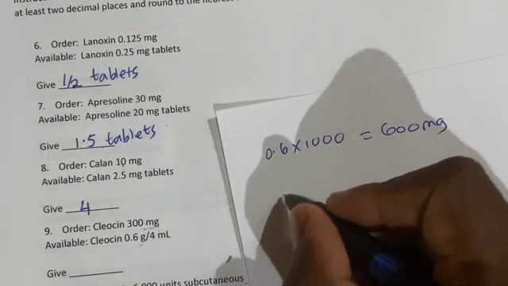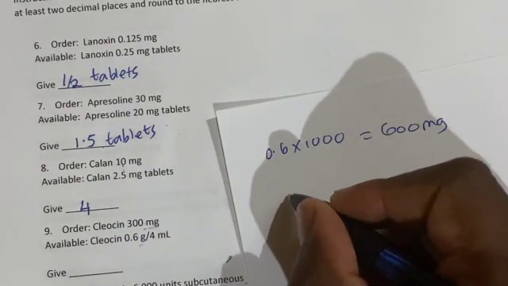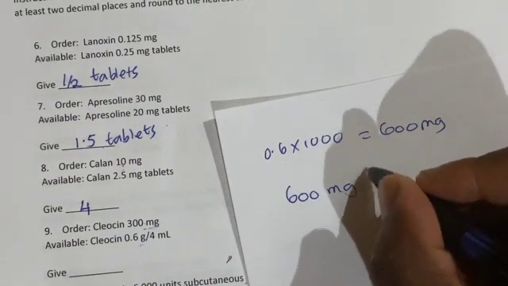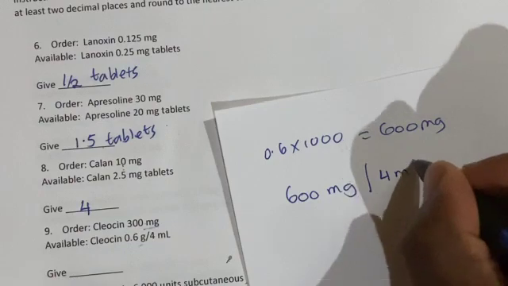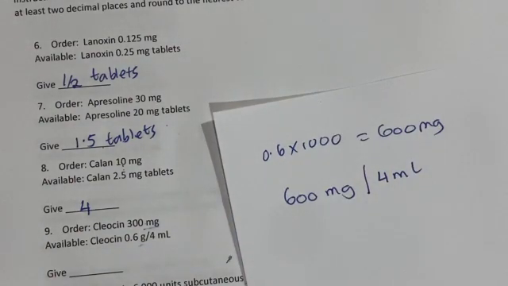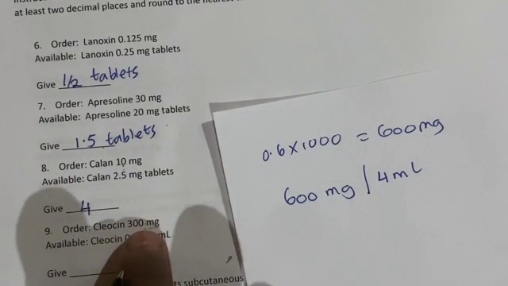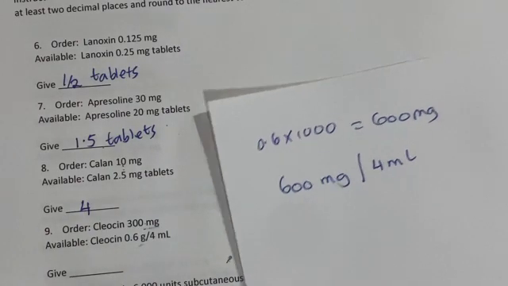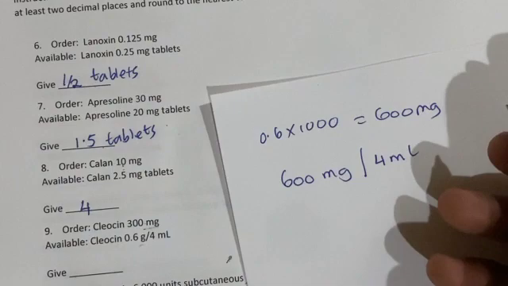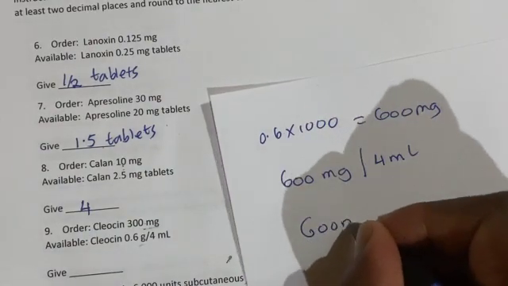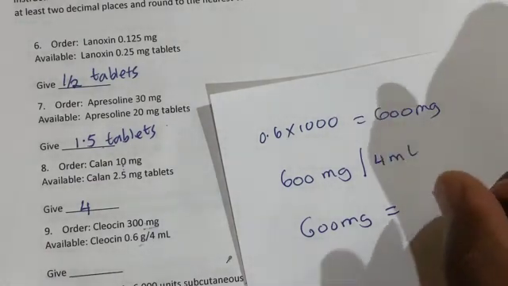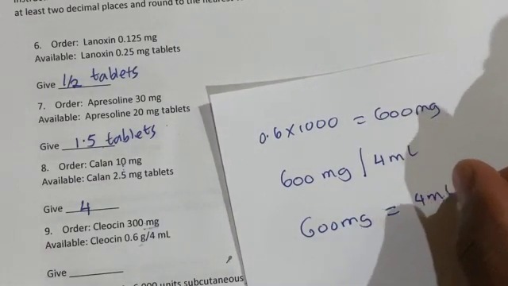So what is available is 600 milligrams per 4 ml. That's available, but the order is to give 300. So we're supposed to give 300 milligrams. So this one is easy. So you say 600 milligrams is the same as 4 ml.